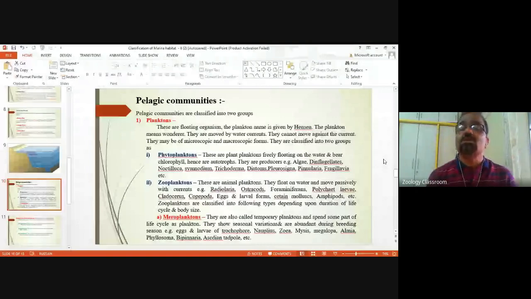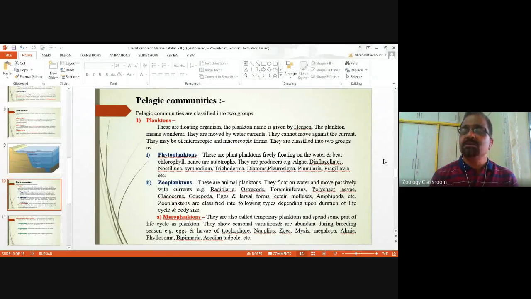But let's see what types of organisms come under the phytoplanktons, floating plants containing chlorophyll. Hence, they are autotrophs, capable of undergoing photosynthesis, utilizing solar radiation, because they contain chlorophyll pigment in their cytoplasm, and in the presence of sunlight and carbon dioxide.